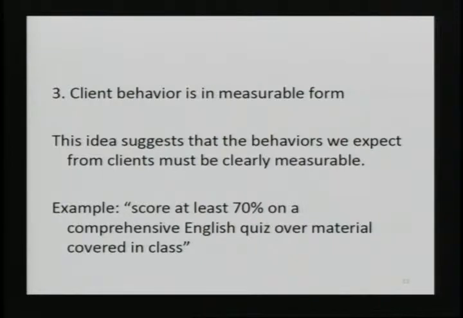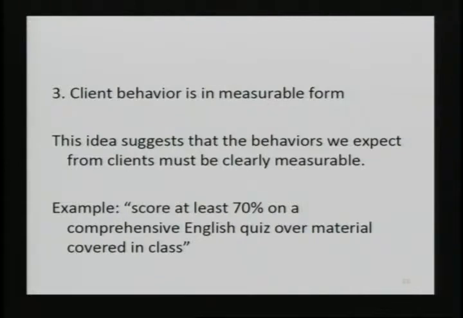The third dimension that I encourage you to have in all of your objectives is that the client behavior to which you refer in your objective is stated in measurable form. This idea suggests that the behaviors we expect from clients must be clearly measurable.